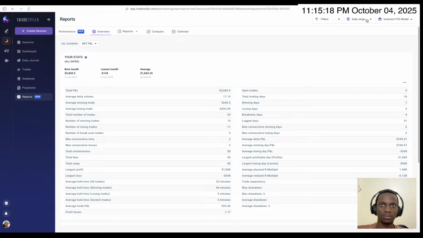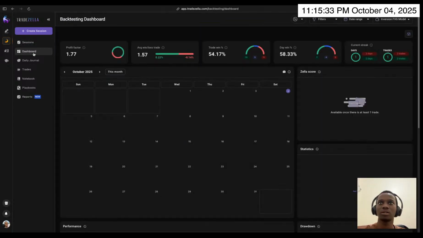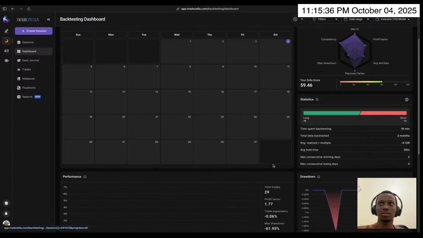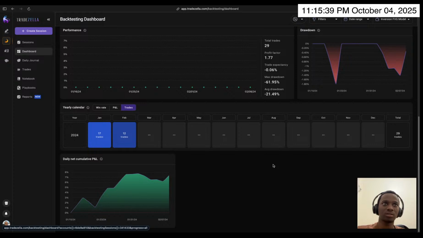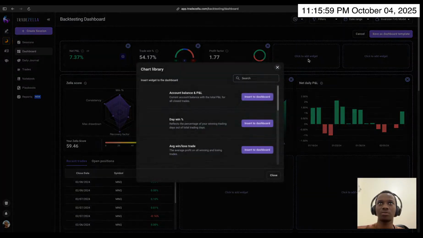Largest profit. Okay, total fees, swap. Okay, I don't see the risk to reward performance. Okay, so if you go to the dashboard, I think there is something that shows that. I wonder if there is no risk to reward stuff.